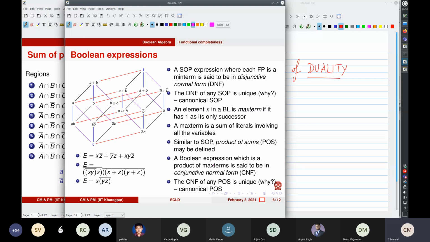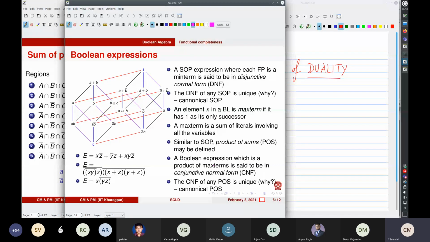Now it is easy to see why the canonical product of sums will be unique, and its uniqueness simply follows from the principle of duality.